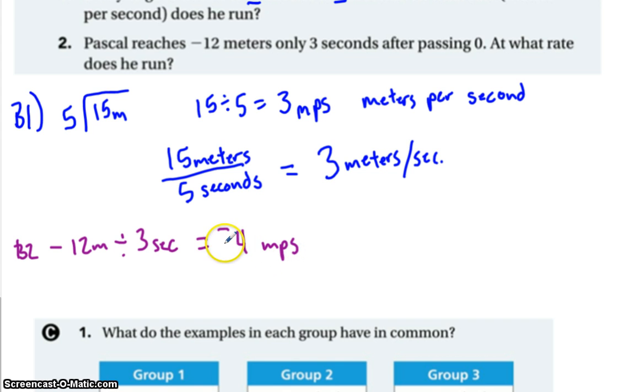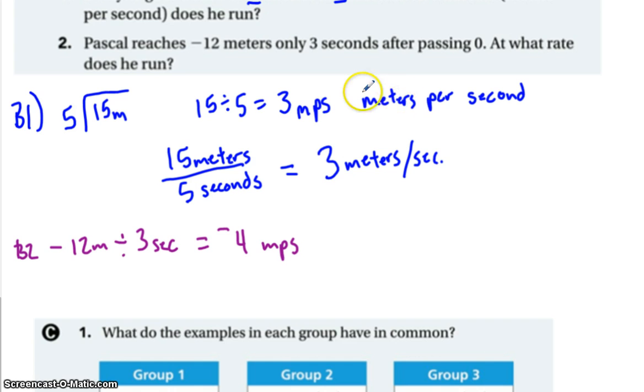Now, since we are talking about time here, or speed, he really is not running at negative 4, but numerically, the negative 12 meters that he runs in 3 seconds would equate to a speed of 4 meters per second.